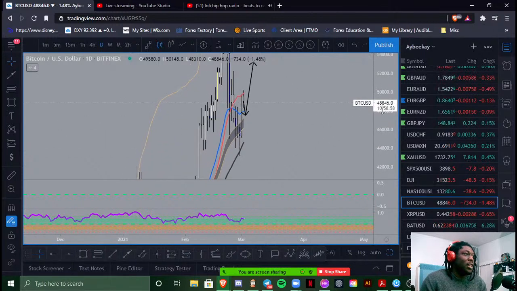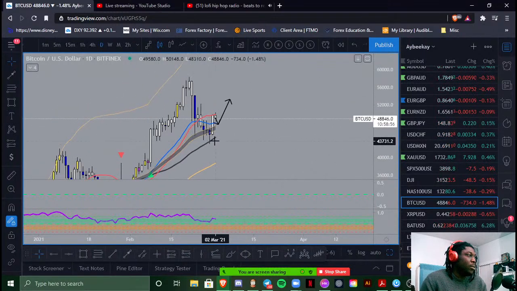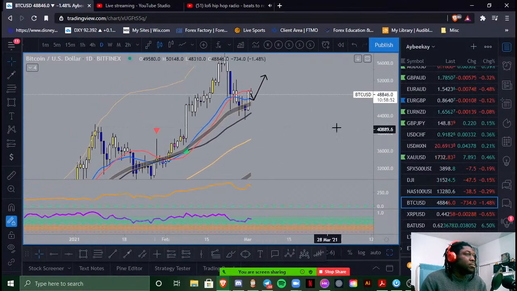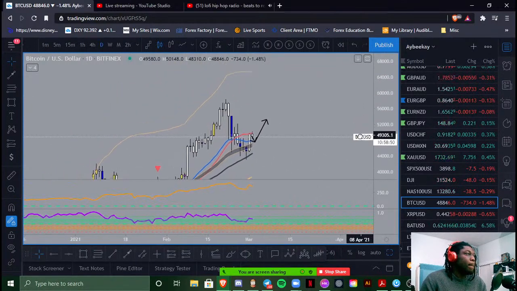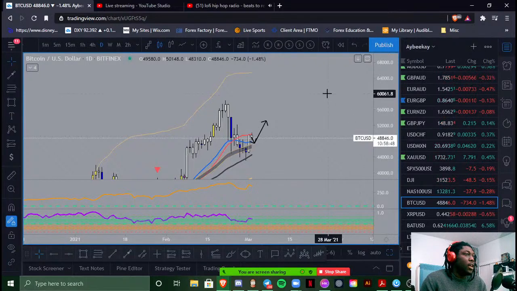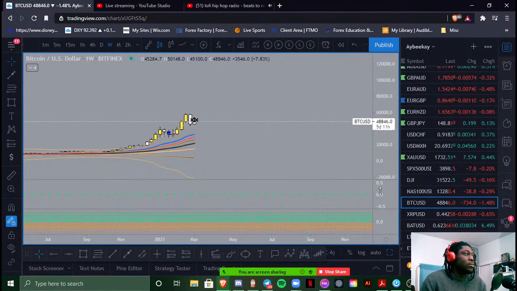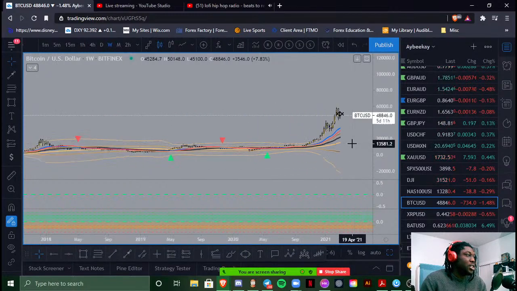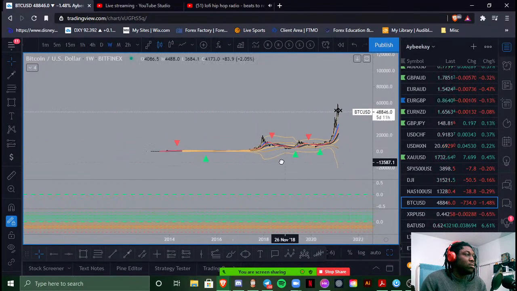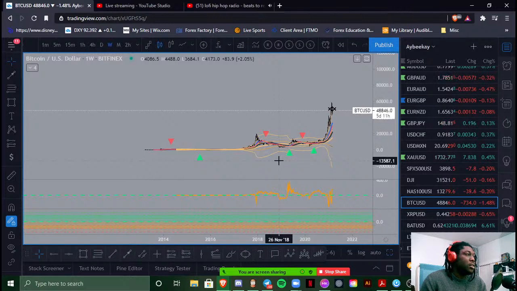Still not calling for any type of sells. Literally came, hit that RSI line. Damn, I should have looked at this. But yeah, 60,000 is definitely in reach. 65,000 looks definitely in reach. Weekly time frame. It looks like it's overextended, but this is cryptocurrency.